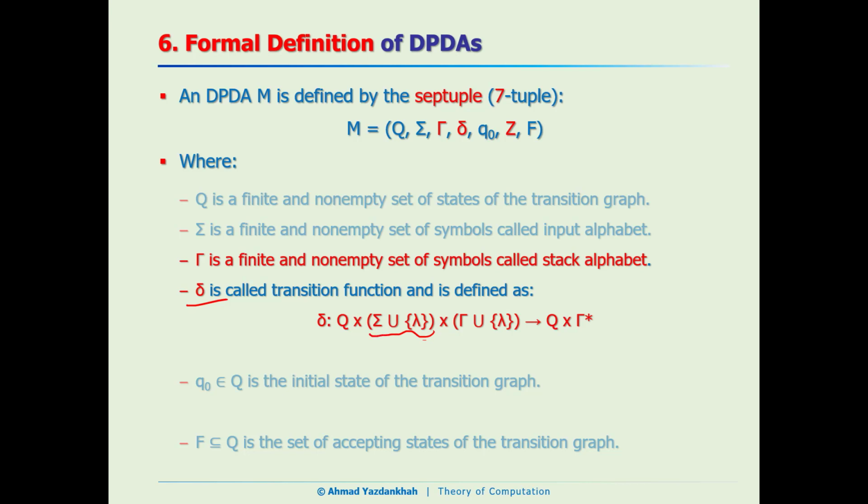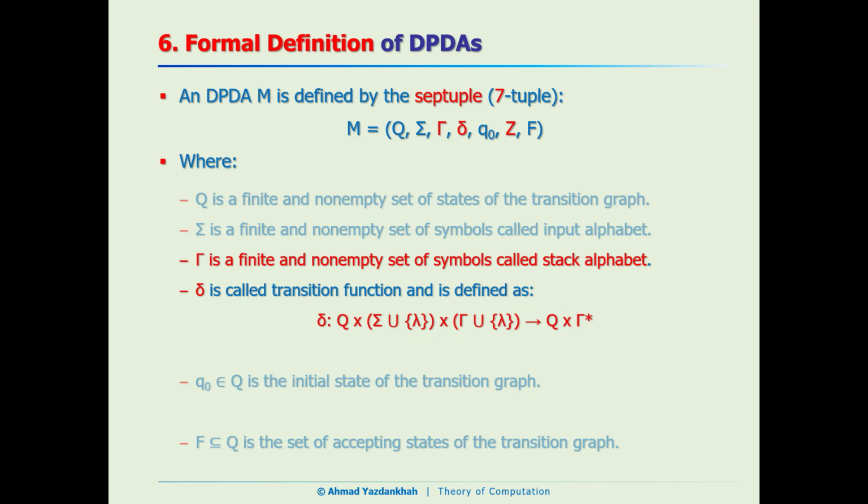We need to union the alphabet with lambda, and also union the gamma with lambda, and then take a Cartesian product between these three, and on the range side, we have Q, Cartesian product with gamma star. What is this? I will explain that in detail in the next slides. But for now, let's accept it as it is.